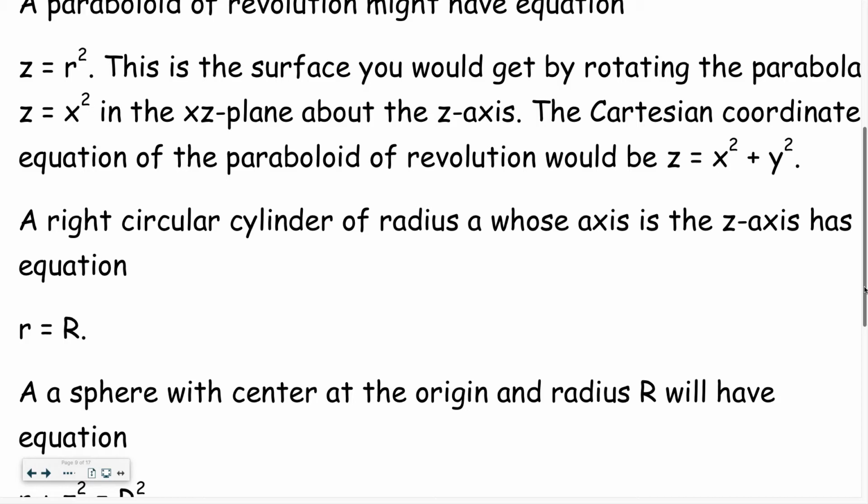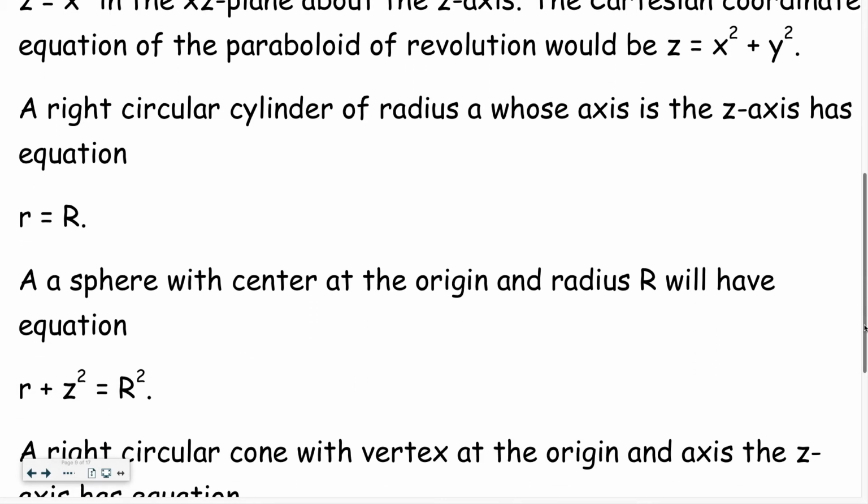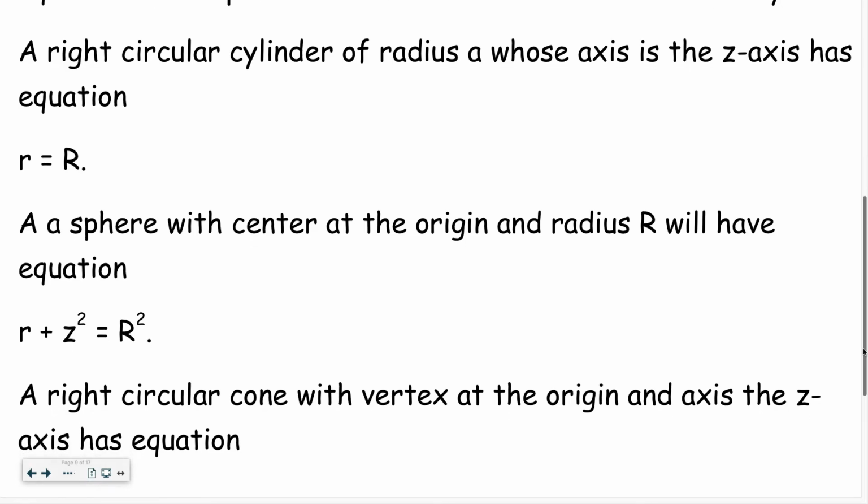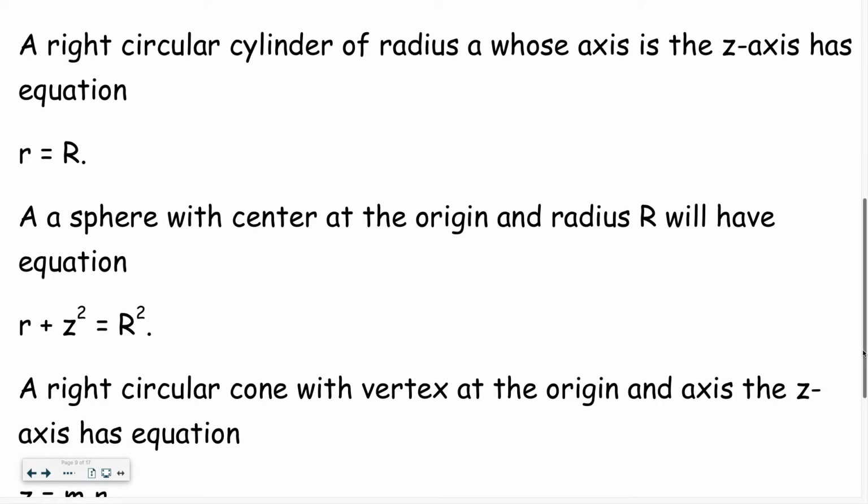In 2 dimensions, that was just a circle. Well, now in 3 dimensions, it would be a cylinder. So if r equals a number, we have a cylinder. A sphere, we already looked at one like that: r squared plus z squared equals a number squared. That would be a sphere.